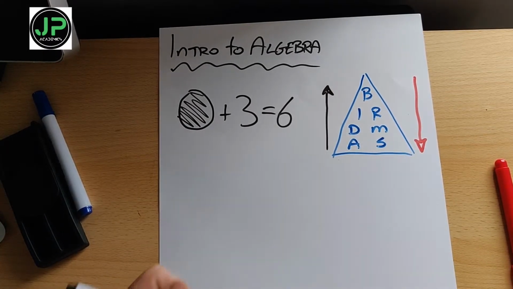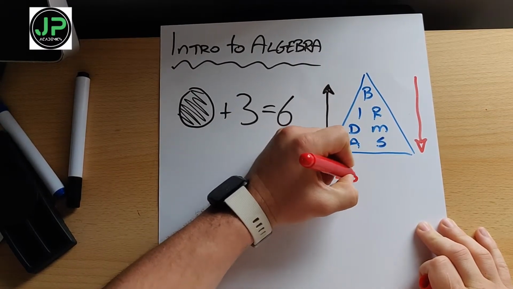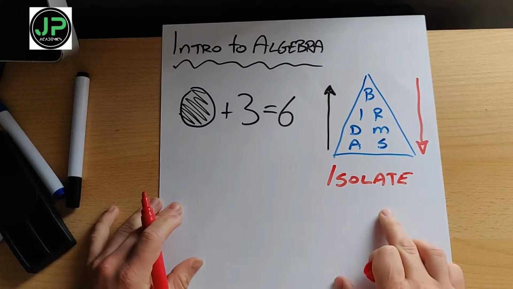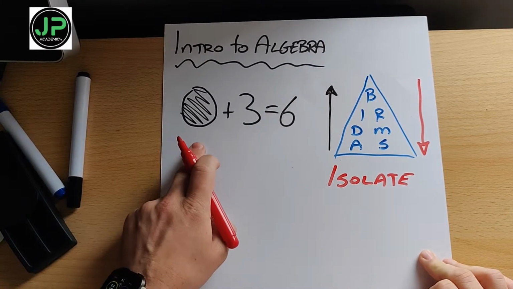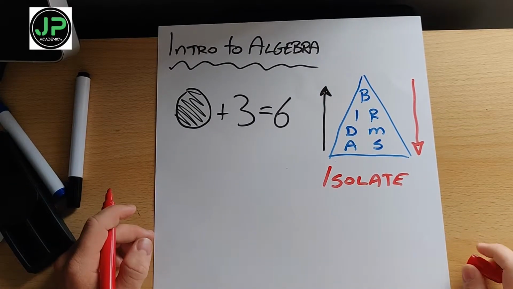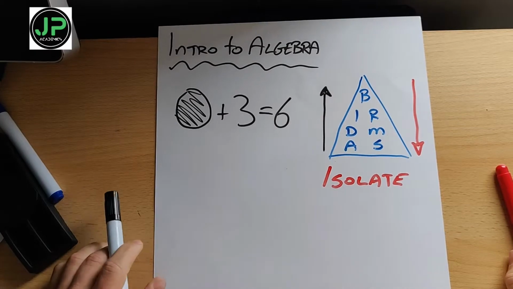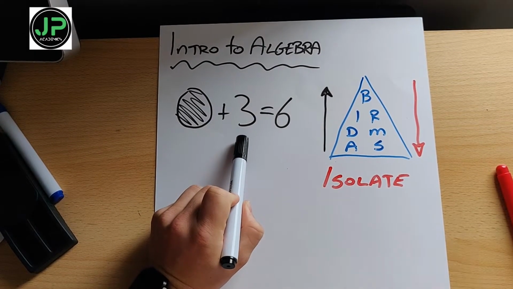Now, the first thing you need to do when you're doing maths is isolate. Okay, isolate. You need to try and get that circle on its own. If you can get that circle on its own, you're done. How do we get that circle on its own? We need to try and take this number away from the circle.